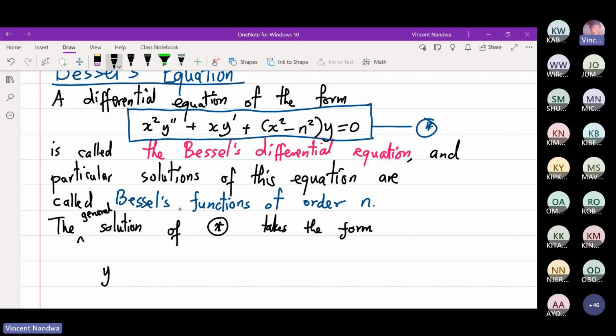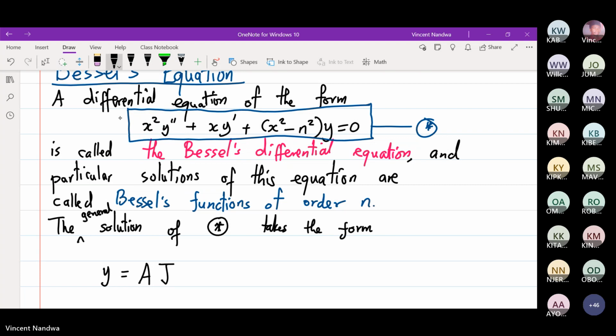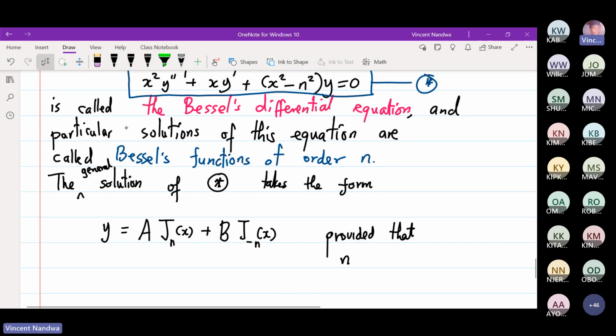y equals a J sub n of x plus b J sub minus n of x, provided that n is not an integer.